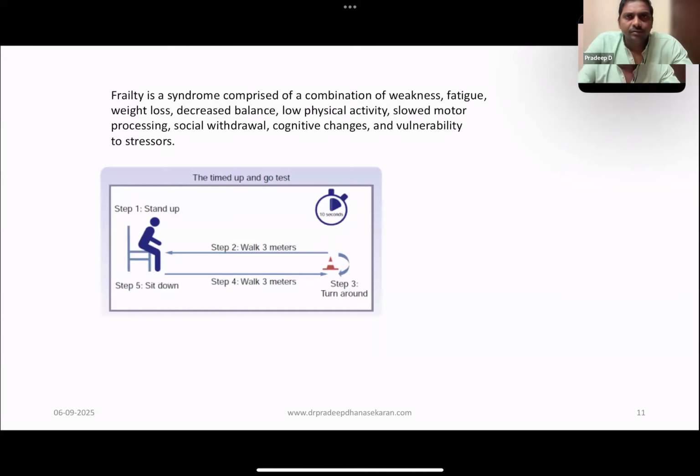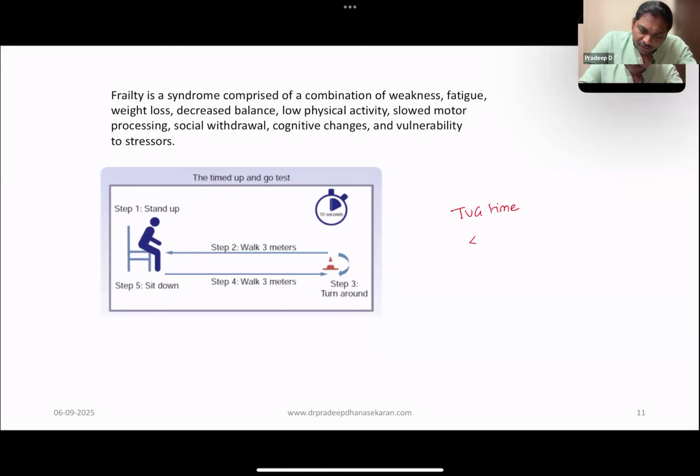What do you mean by TUG test? Step 1, as listed in the picture, you ask the patient to stand up from a seated position from a chair without holding the chair. Then you ask the patient to walk for 3 meters. Then you ask the patient to come back and sit. This is called the TUG time.